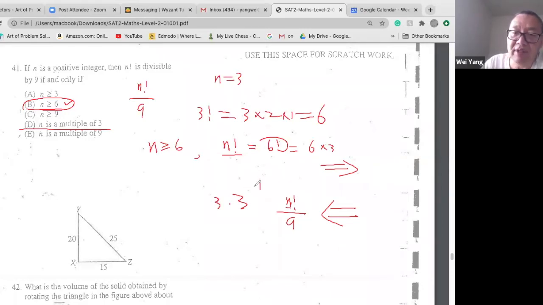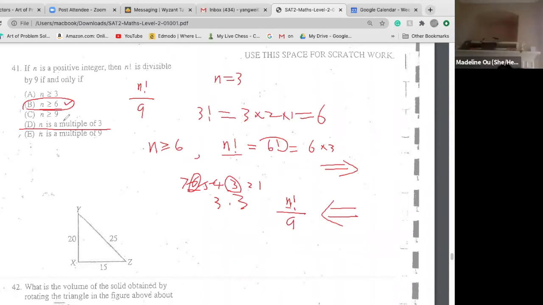So among the numbers, say 1, 2, 3, 4, 5, 6, 7, you have 3. The next number that also has a 3 has to be 6. So that means n has to be greater or equal to 6. So the correct answer is B. You got it? Yeah. Okay.